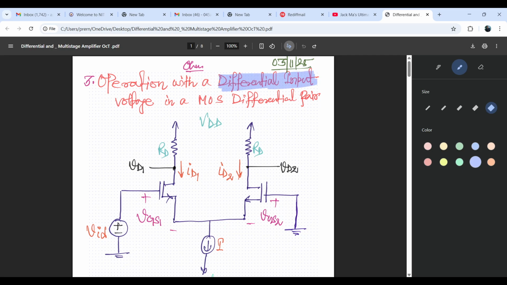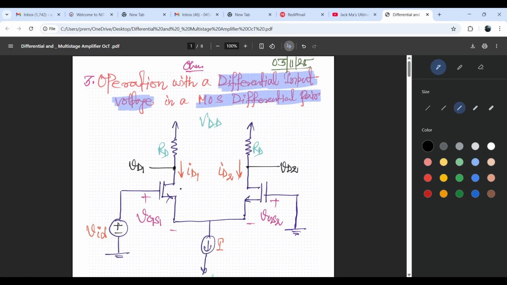We will start with the fundamental MOS differential pair, which consists of two transistors.